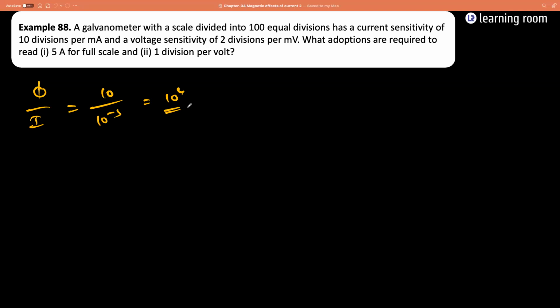And voltage sensitivity of 2 into 10 power 3 divisions per volt.